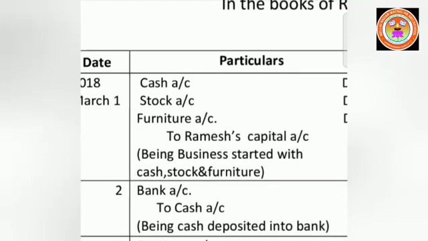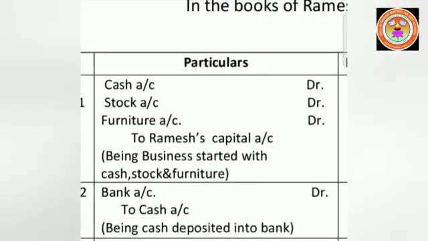So cash account debtor, stock account debtor, furniture account debtor. This is a compound entry. We have learnt what is compound entry in our last class.